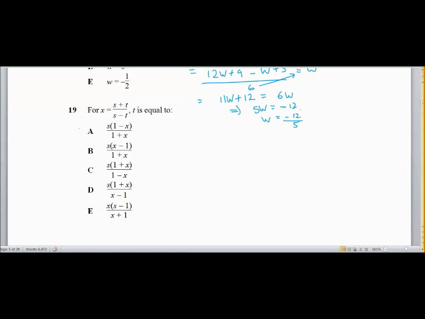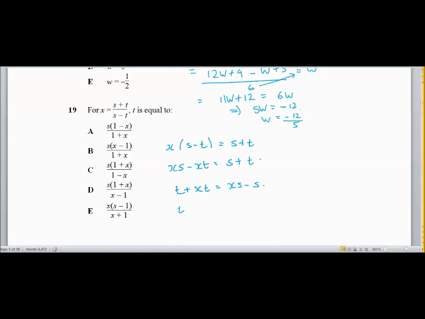Question 19. We've got to find t, so first step would be cross multiplying. S minus t is equal to x times s plus t. Expand out. Let's get the t's together. So let's go t plus xt is equal to xs minus s.